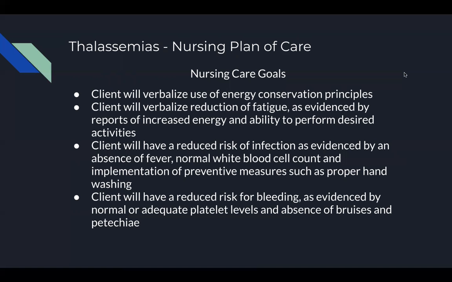And nursing care goals: the patient will mobilize using energy conservation and reduction of fatigue, and the patient will have reduced risk of infection and also reduced risk of bleeding.